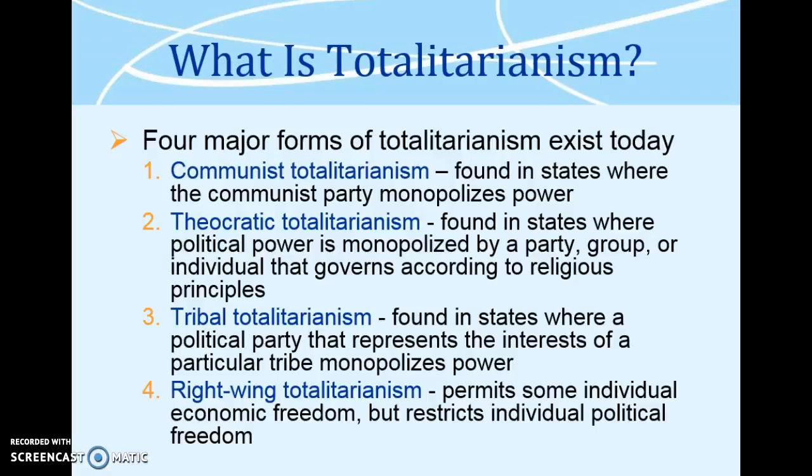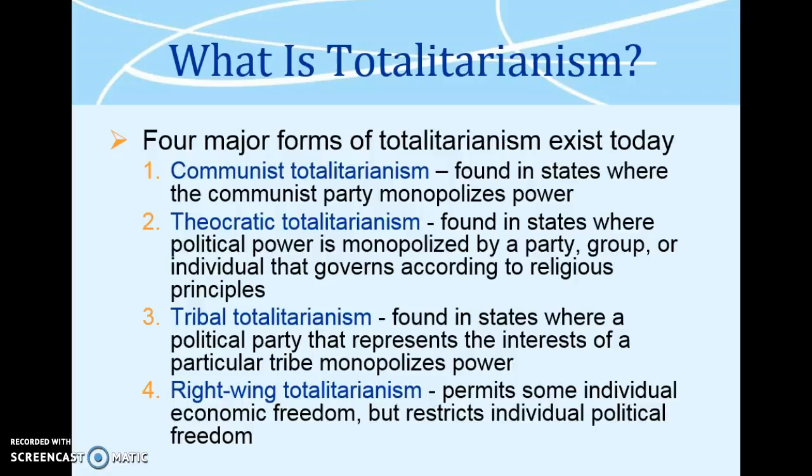Four major forms of totalitarianism exist today. First, communist totalitarianism, found in states where the Communist Party monopolizes power. 2. Theocratic totalitarianism, found in states where political power is monopolized by a party, group, or individual that governs according to religious principles. 3.